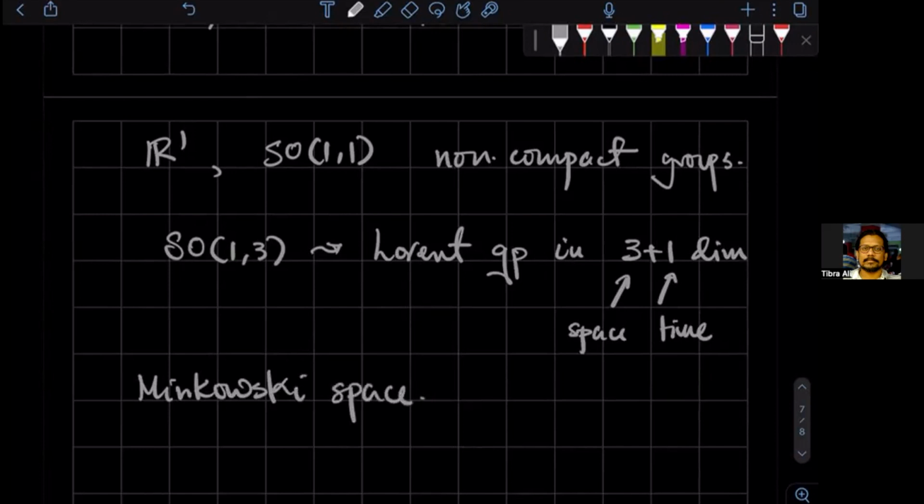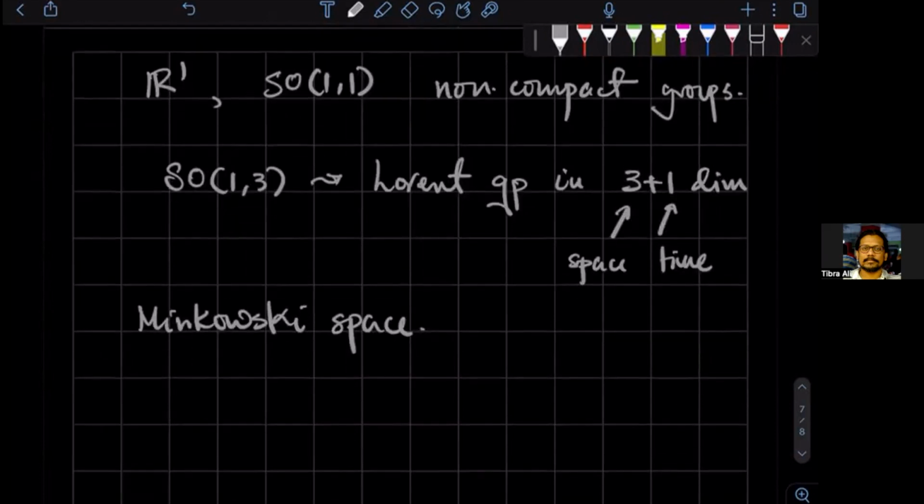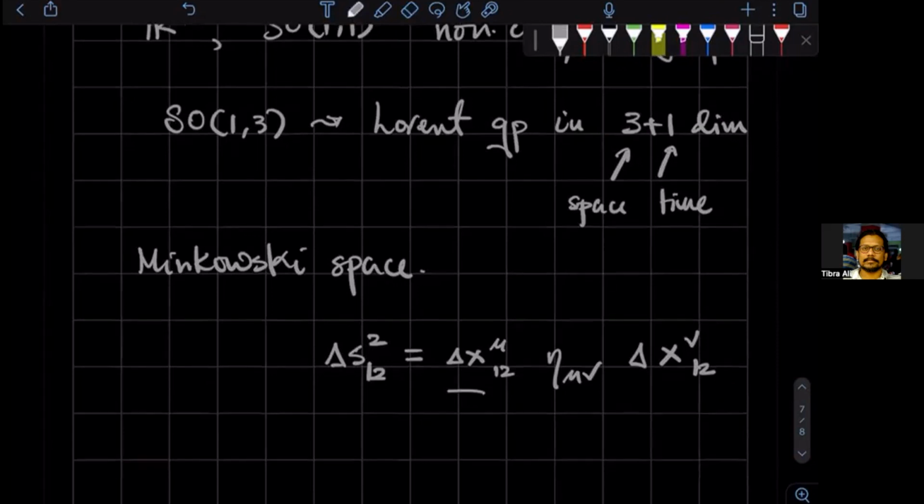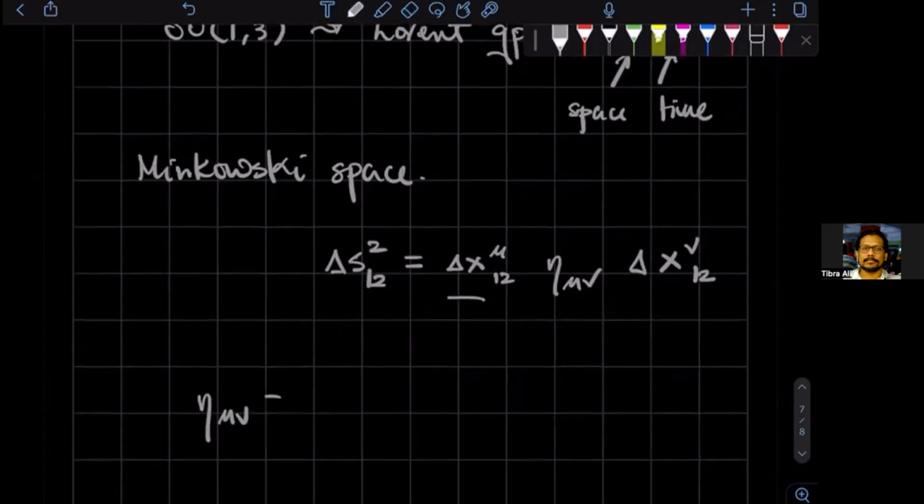So a Minkowski space is a space where intervals between 2 points are given by, if delta x mu is an interval between 2 points, and it's a vector, a difference between the position vectors, then eta mu nu is a rank 2 symmetric tensor, which is of this form.